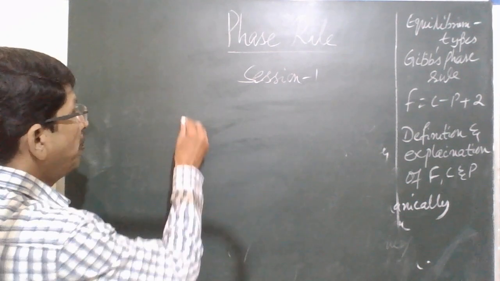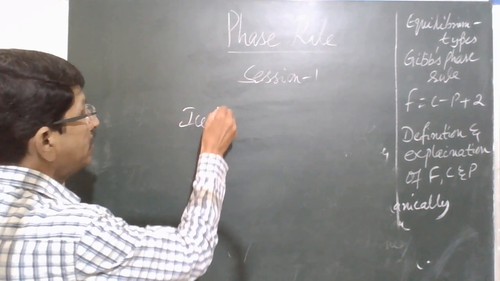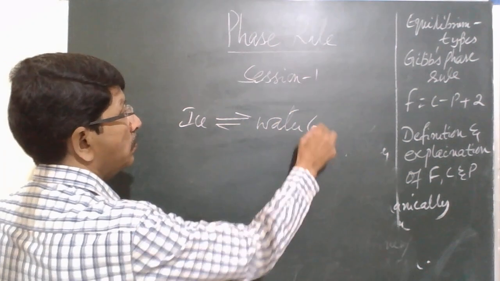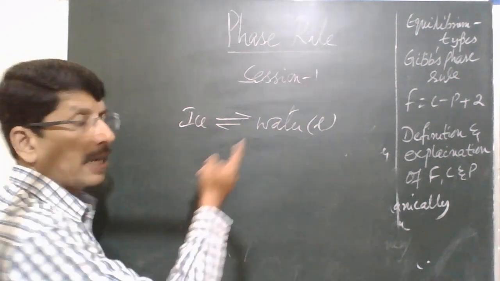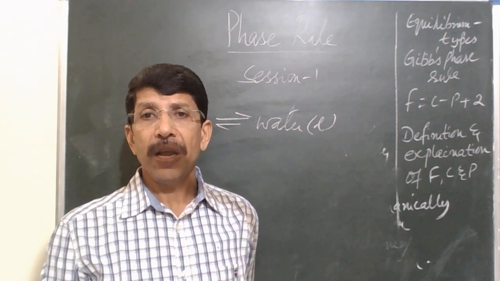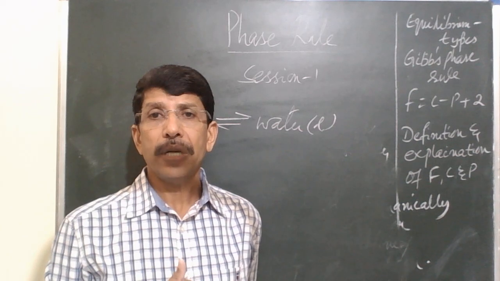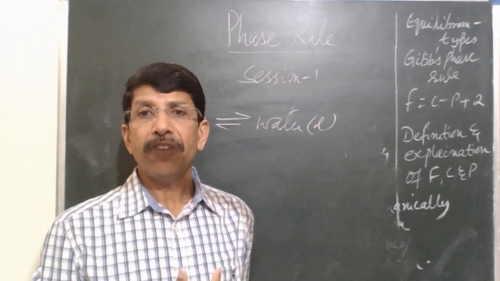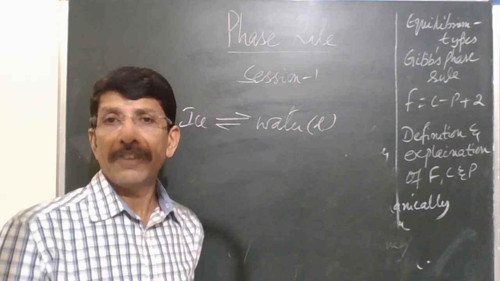So for example, if I have ice in equilibrium with water, this is solid state and this is a liquid state. They are in equilibrium and it's an example of heterogeneous equilibrium, right? So there are only two phases. One is the solid phase of water, the other one is a liquid phase of water.